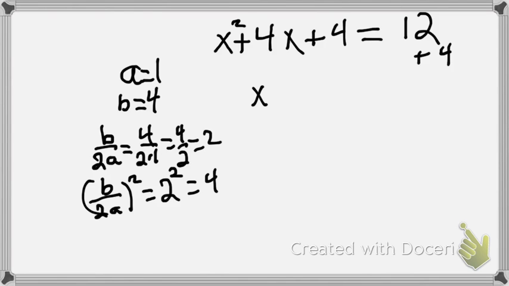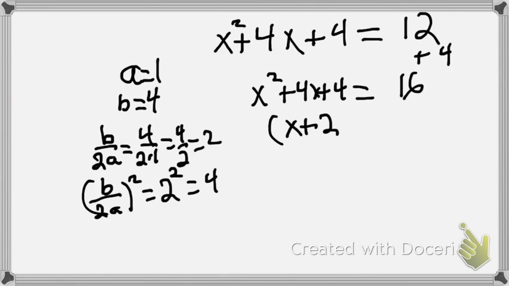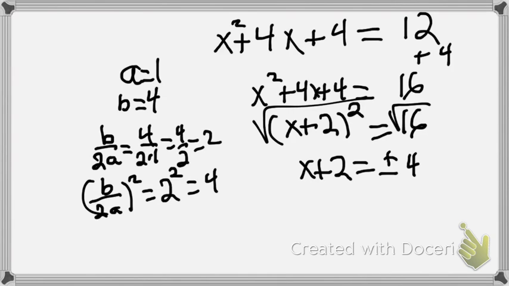And in this case, that's x plus 2 squared equals 16, and then we just go from there. And we have already done that on the previous page, so we know how that works.